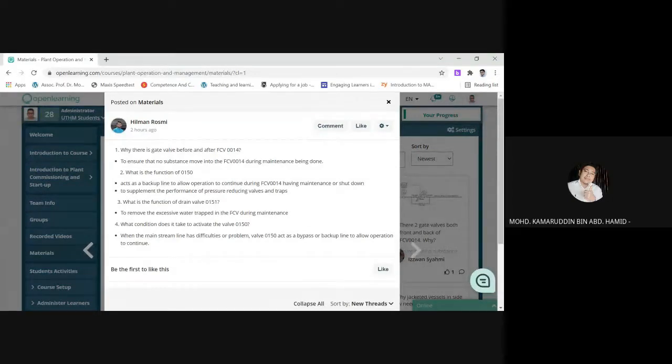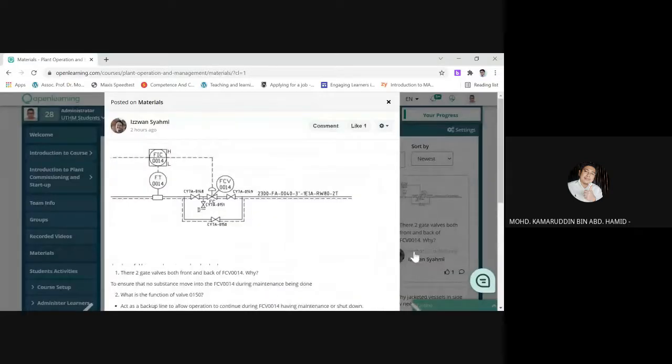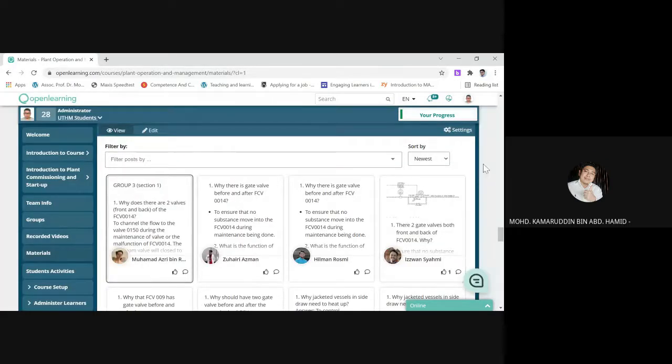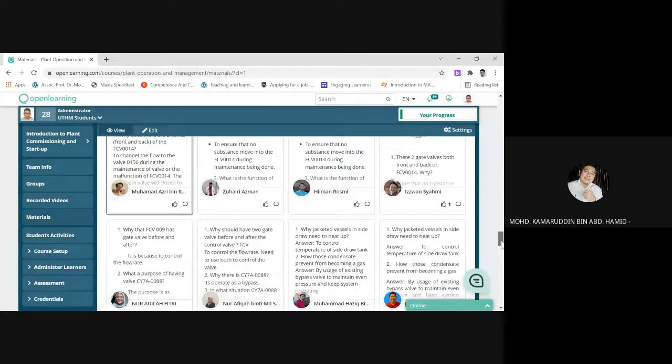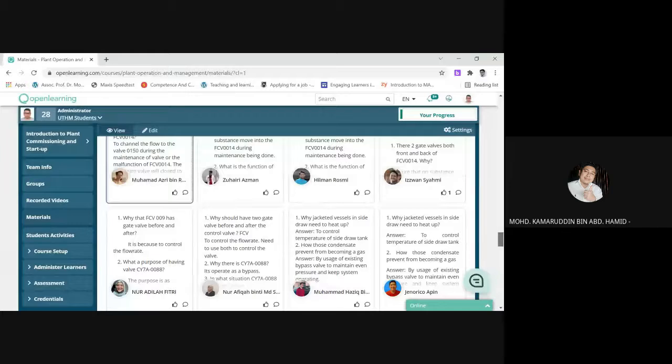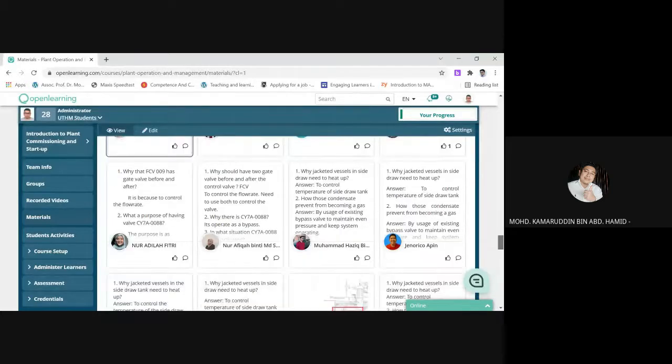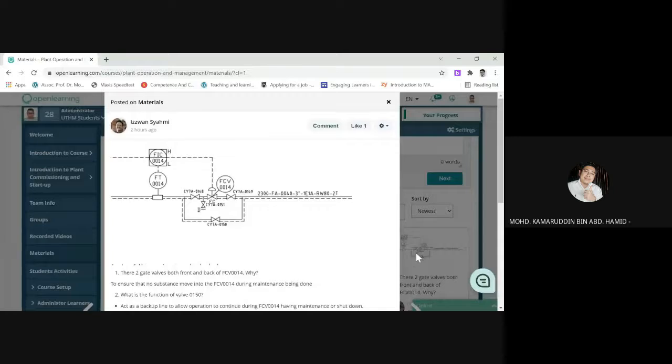Okay, banyak ni korang ni. Awak kena refine lah sebab dekat pic tak nampak.